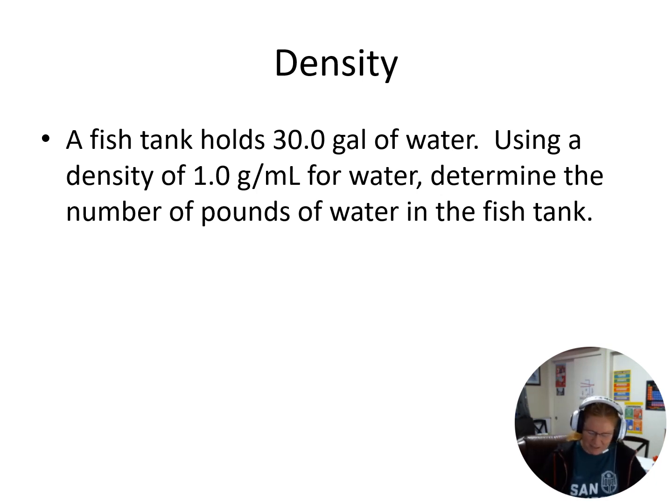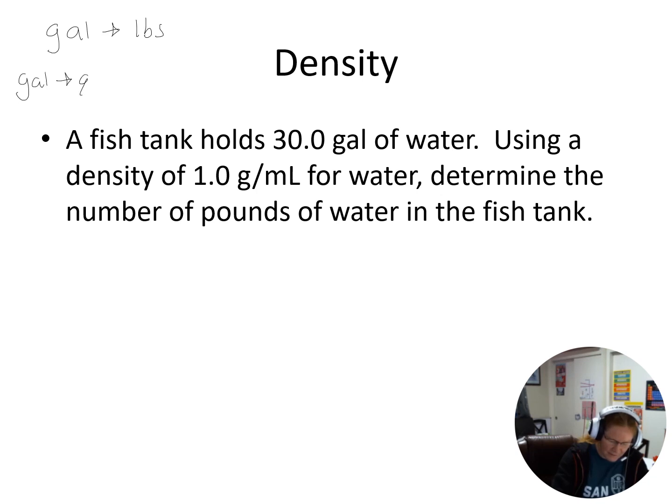Okay, so we're going to do a multi-step conversion here. We are going to go from gallons to pounds. We have a lot of steps that we have to do. We're going to go from gallons to quarts to milliliters to grams to pounds.